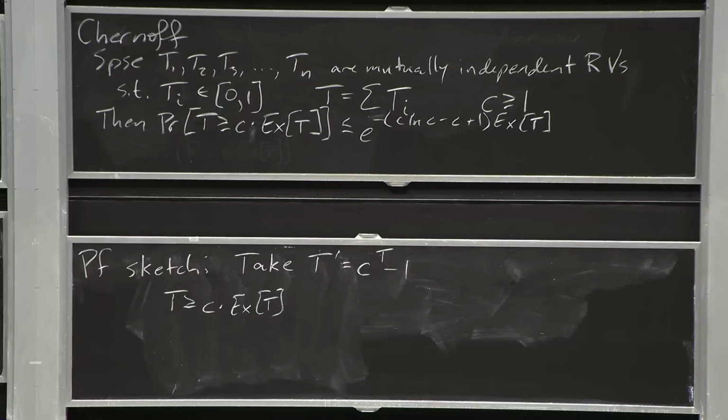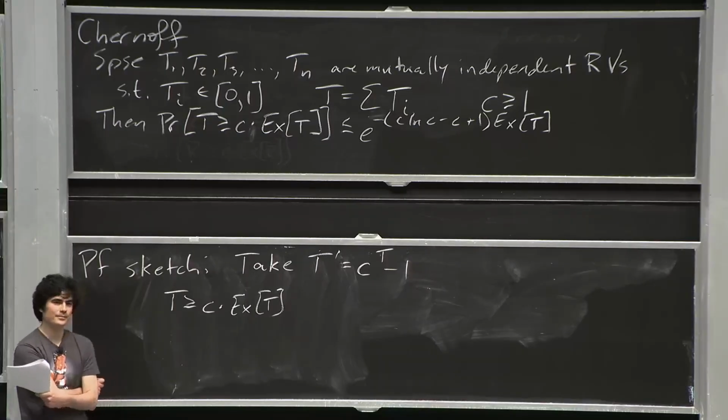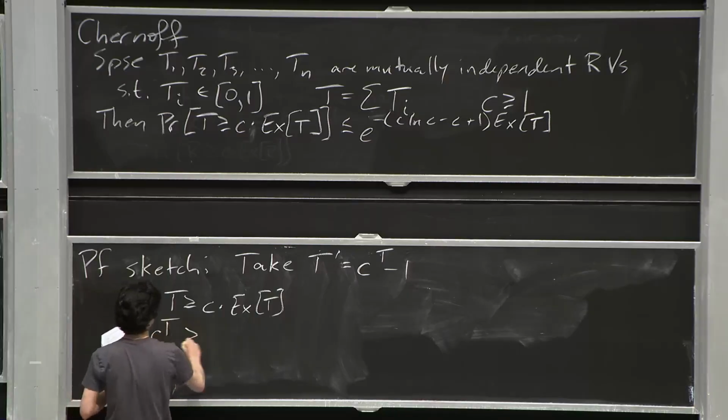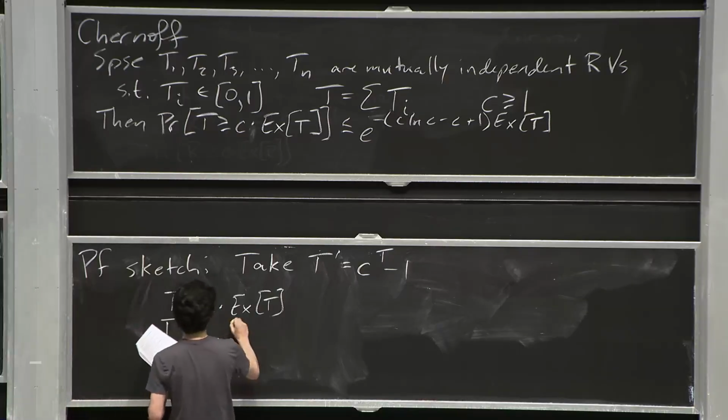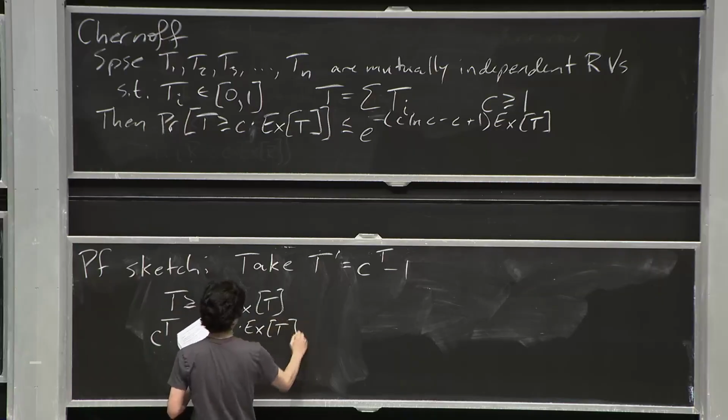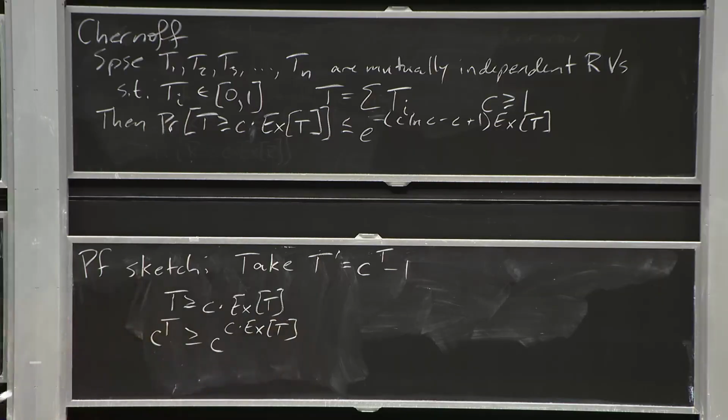Well, because c is at least 1, exponentiation is monotone. So this is the same as c to the t greater than or equal to c to the c times expectation of t.